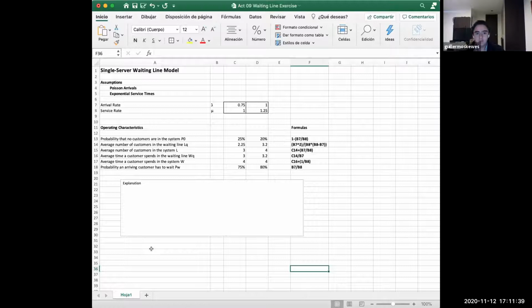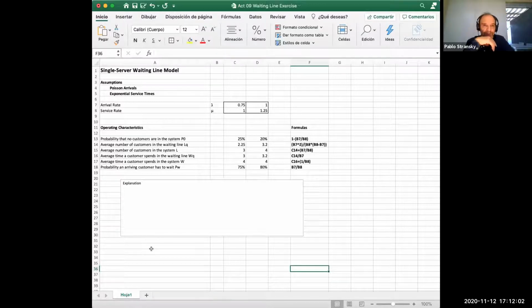The only thing that improved is the customers in the system, right? The probability, the first one? No, it got worse, it went from 25 to 20. Average number of customers in the waiting line, it got worse.